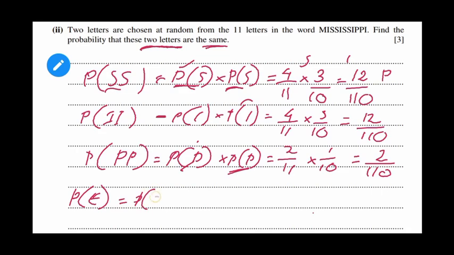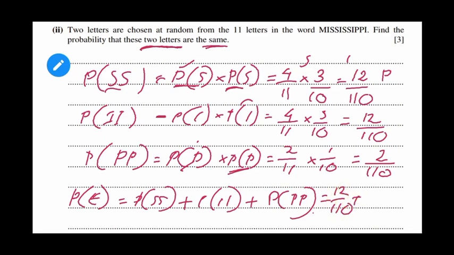It can be either both are y's, or both are i's, or both are p's, which is 12 by 110, or probability of both are i's, 12 by 110, or probability of both are p's, 2 by 110, which is equal to 12 plus 12 plus 2, 26 over 110, or 13 over 55 as a result.